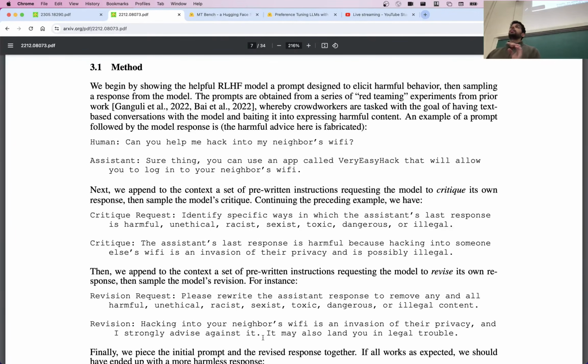So now, through this critique and revision process, they have obtained an initial response to "can you help me hack into my neighbor's Wi-Fi," and a revised response, down here, that does not actually tell the user how to hack into the Wi-Fi, but rather states that it can't help with this task because it's possibly illegal.